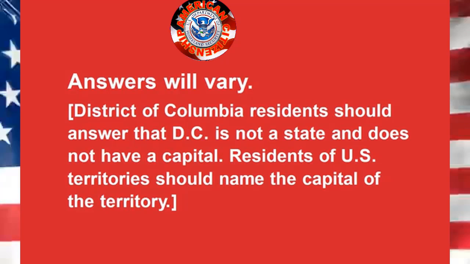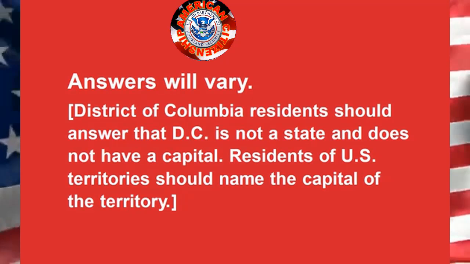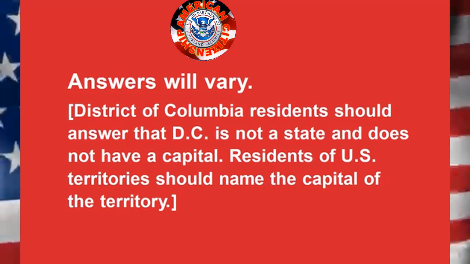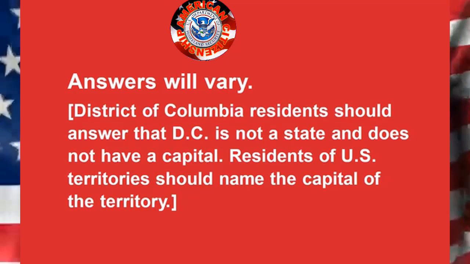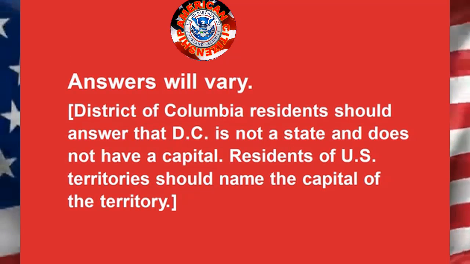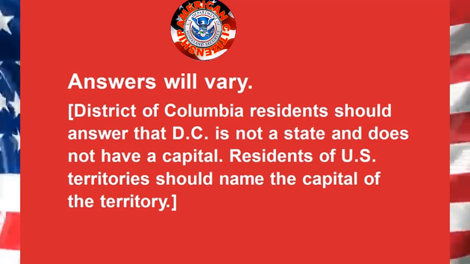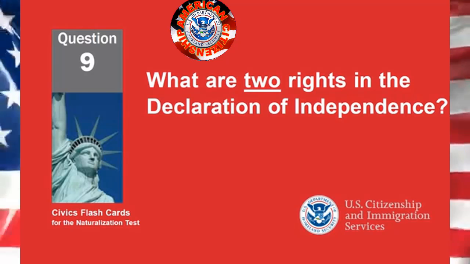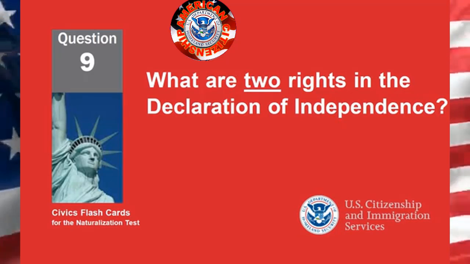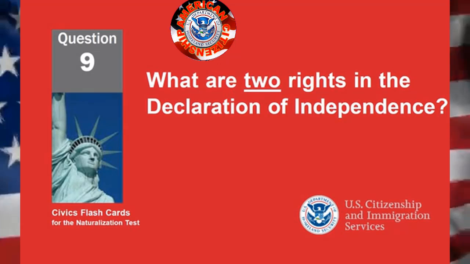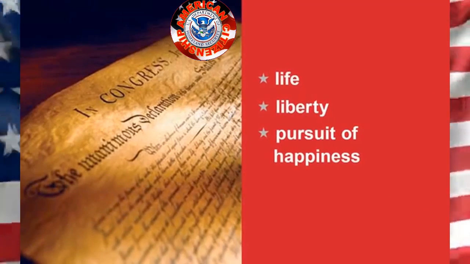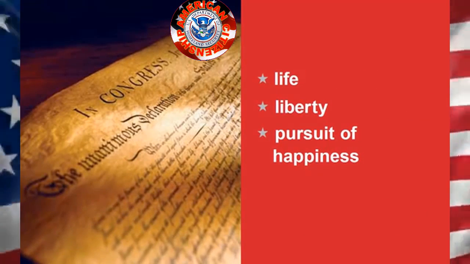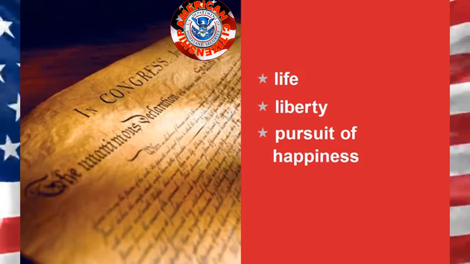District of Columbia residents should answer that DC is not a state and does not have a capital. Residents of U.S. territories should name the capital of the territory. What are two rights in the Declaration of Independence? Life, liberty, pursuit of happiness.